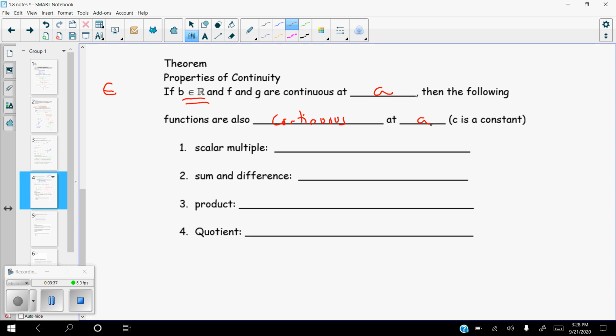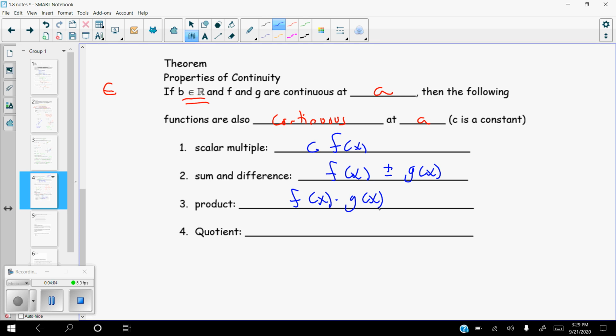So scalar multiple, basically that means any kind of a multiple c times f of x is going to be continuous. If I were to take any continuous function and add or subtract it to another continuous function, the resulting function will still be continuous. Product is the same way. If I take a continuous function and I multiply it by another continuous function, that will also be continuous.